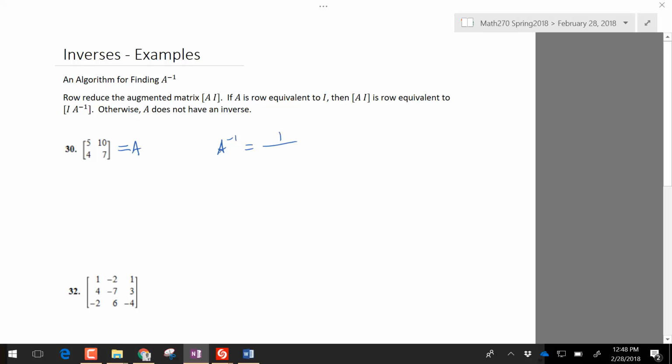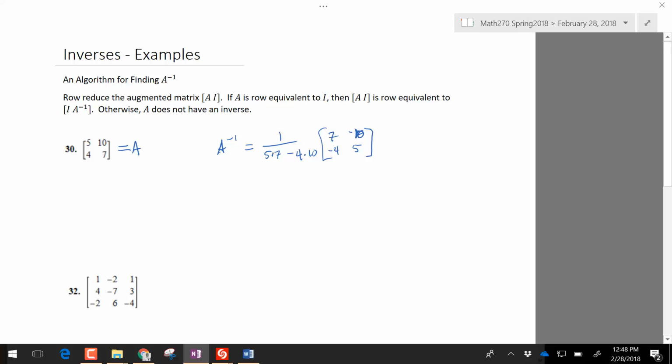So it's 1 over 5 times 7 minus 4 times 10. And then you switch the diagonals and negate the wings. So 7 and 5 get switched, and the wings are negative 4 and negative 10 after you switch the signs.